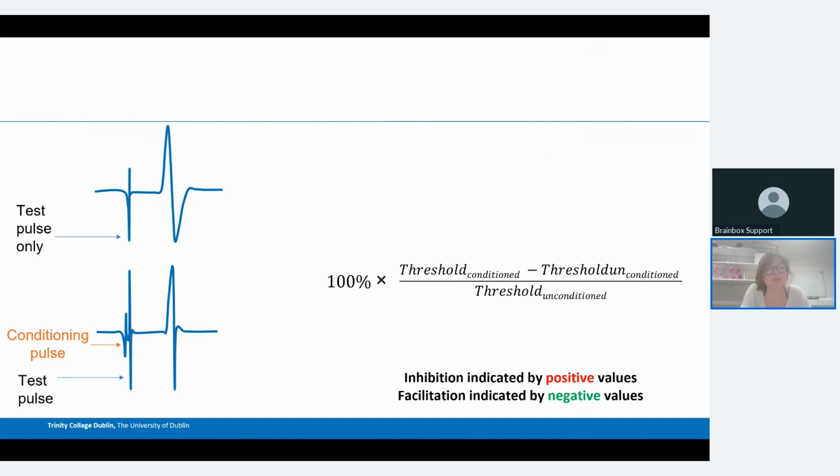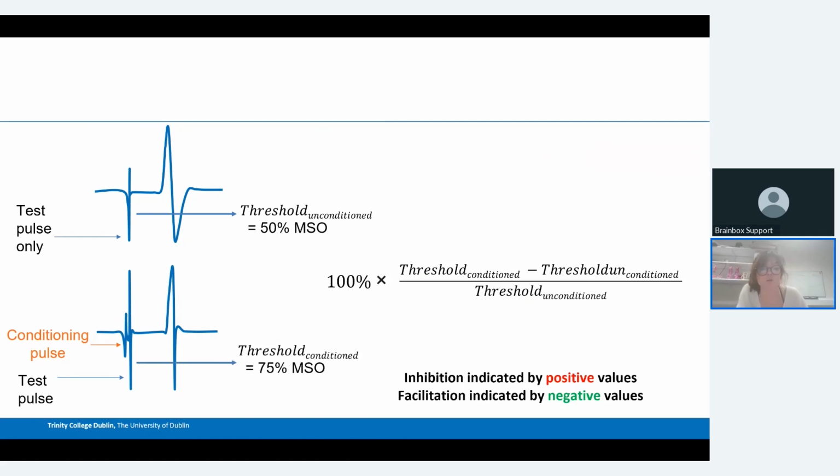So let's say we just use our test stimulus, and in order to get an average response of, say, 200 microvolts, or a median response of 200 microvolts, we find that we need to use 50% of stimulator output. MSO is maximum stimulator output. But if we add in that conditioning stimulus, say, for example, a 70% RMT conditioning stimulus, all of a sudden we find that now we have to use much more stimulation intensity to get that size response.